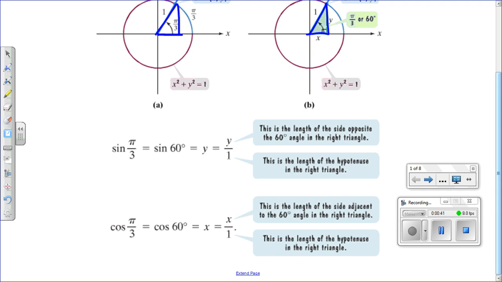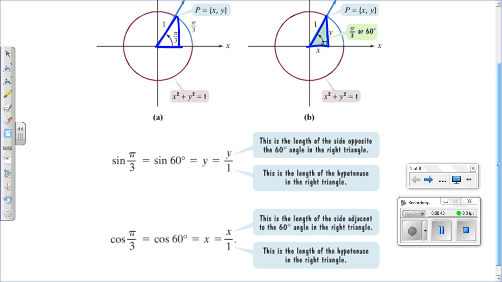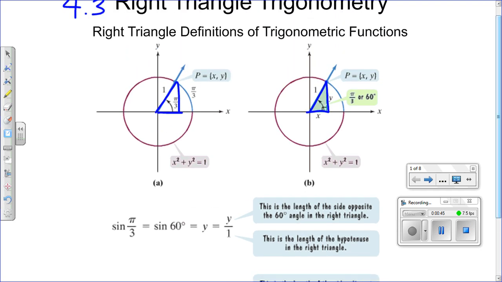So here we have the triangle. If we were to consider the standard position of this angle here, remember it starts on the positive x-axis. It goes in the counterclockwise direction. This is the terminal side. So that angle happens to be pi over 3, and pi over 3 is equivalent to 60 degrees, okay?